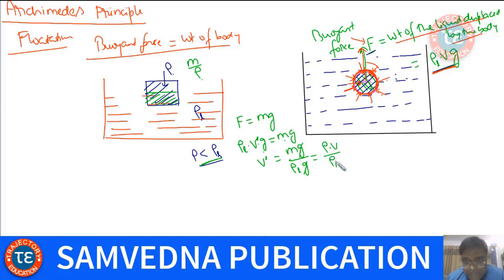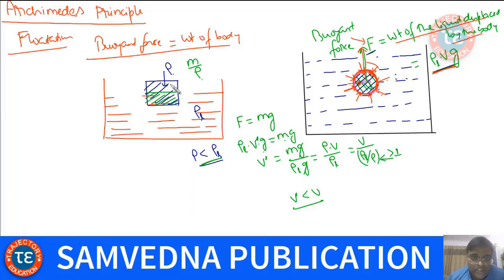Rho into V upon rho L, and rho is less than rho L, so this quantity is more than 1. So the volume of water which needs to be displaced is less than the volume of this solid.